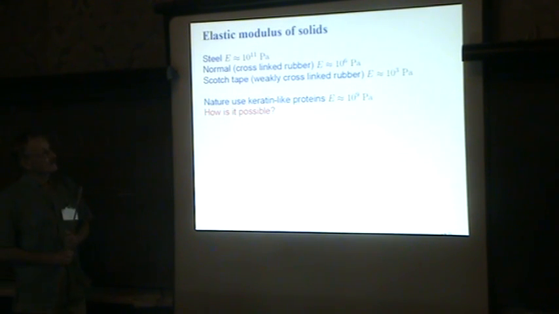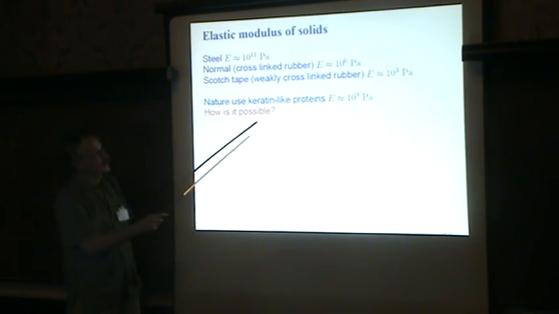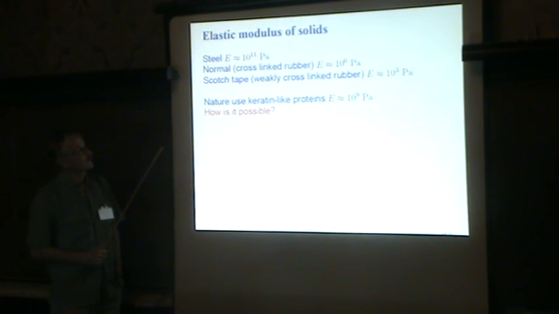So I told you already that in order to get strong bonding, you need to have elastically soft material. You need to be able to deform the bottom surface, to make as good contact as possible with the substrate and store up as little elastic energy as possible close to this contact region. So you need elastically soft material, and if you take Scotch tape, which is usually used for adhesives, it has an elastic modulus of only about 10 to the 3 Pascal.